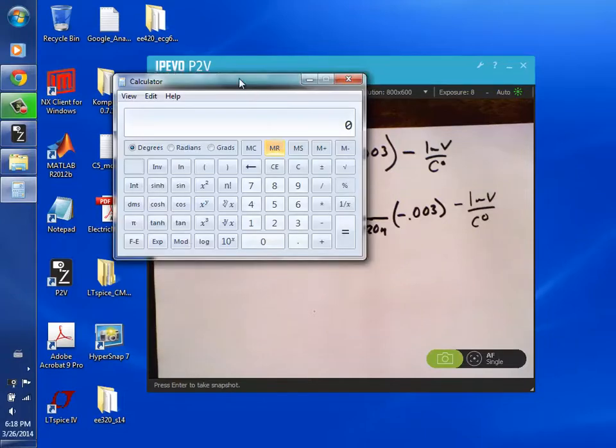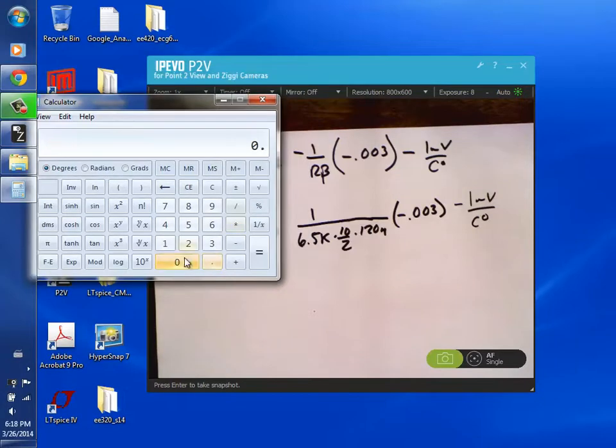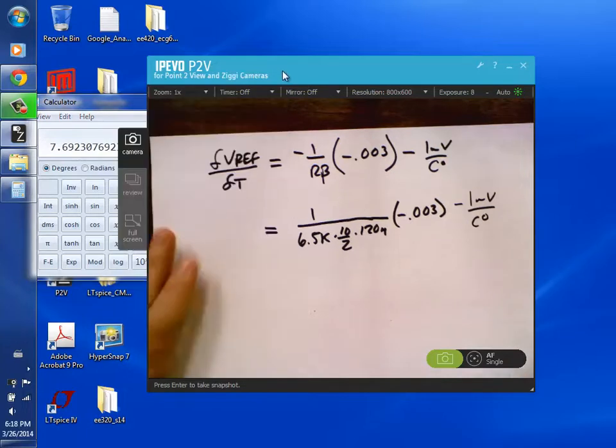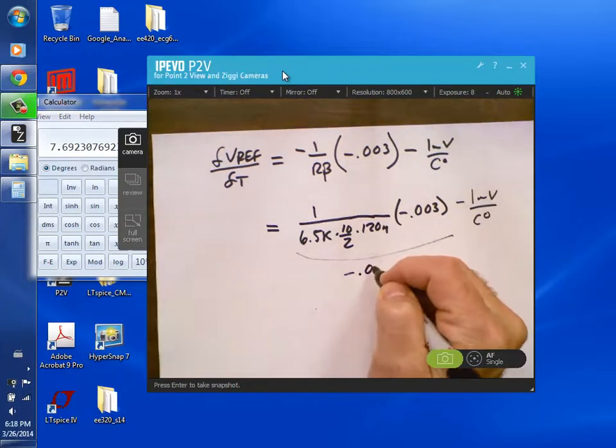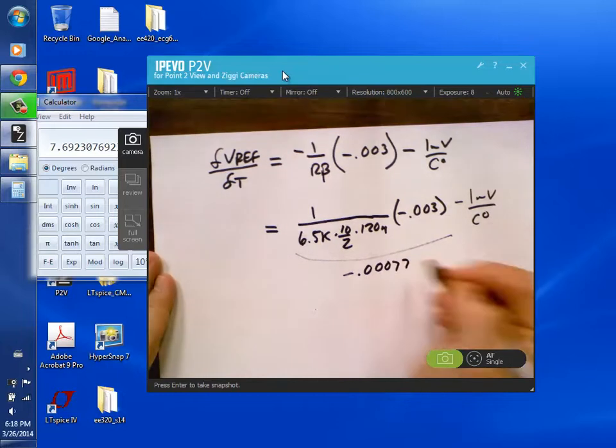Let's get out the calculator and let's do 0.003 divide by 6500 divide by 5 divide by 120 E6 change sign equals, and that is 0.0007. So that is minus 0.0077.